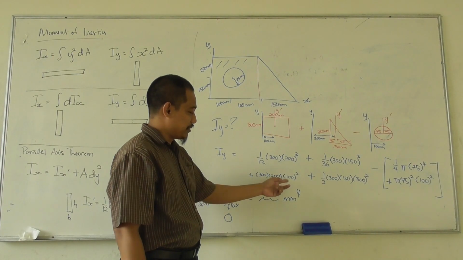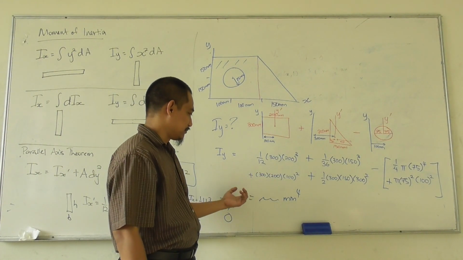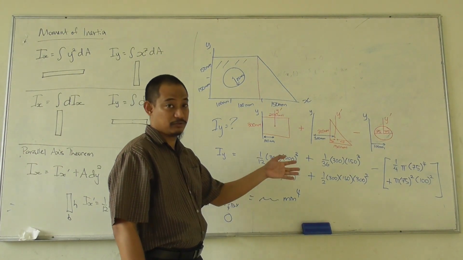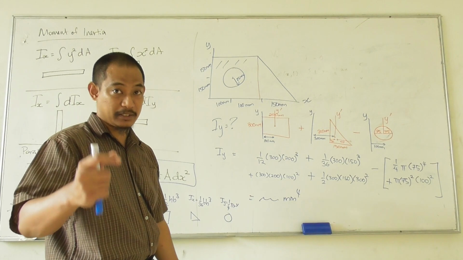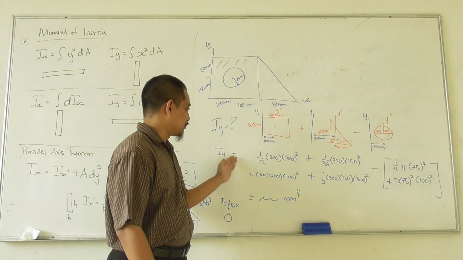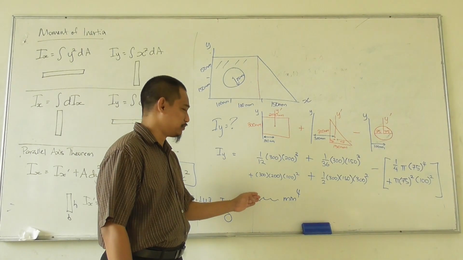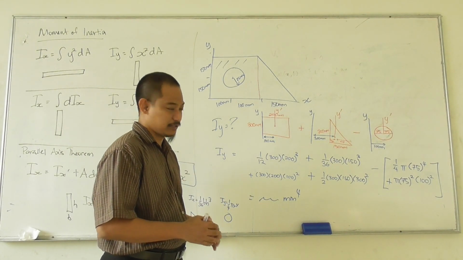Of course, if you do it in millimeter, you'll have a big number with many zeros. If you do it in meter, you get 0.00 something. I don't have the answer script here. You can try. This is just to show how the steps are, and as you can see, it's straightforward. It should be short in time, and you should not make any mistake here, hopefully.